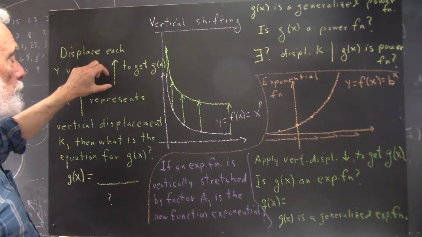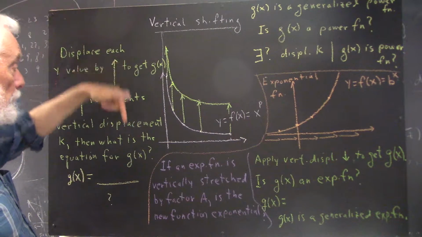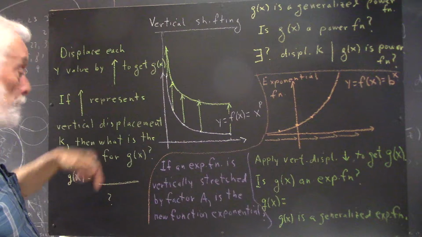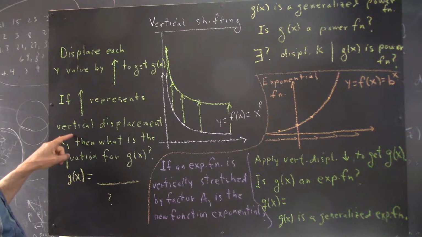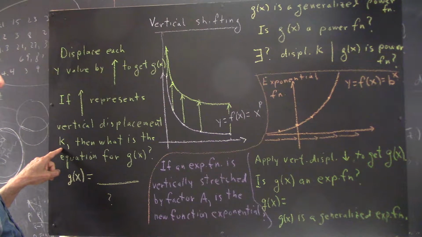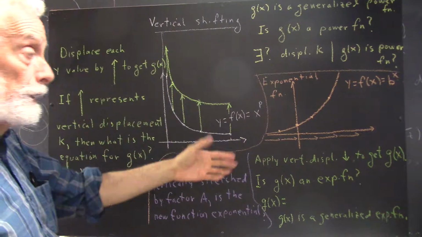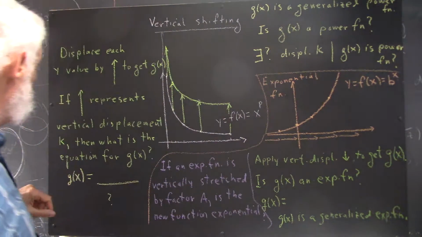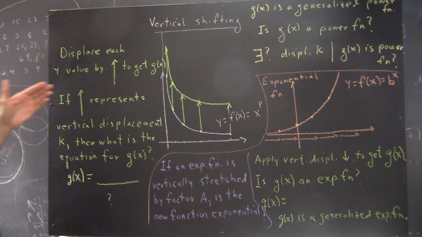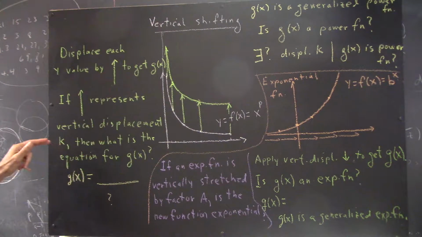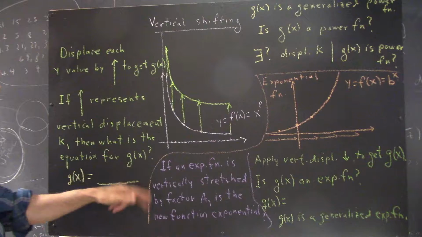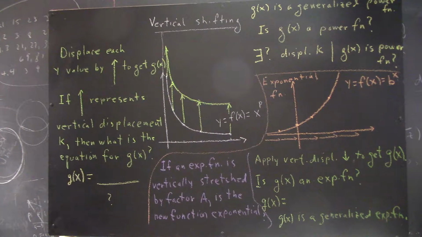And it might be a greater or a lesser distance. It might even be a vertical displacement in the downward direction, in which case your vertical displacement would be represented by a negative number. Whatever the number is, whatever the scale is. So, if this represents our vertical displacement k, what's the equation for g of x?